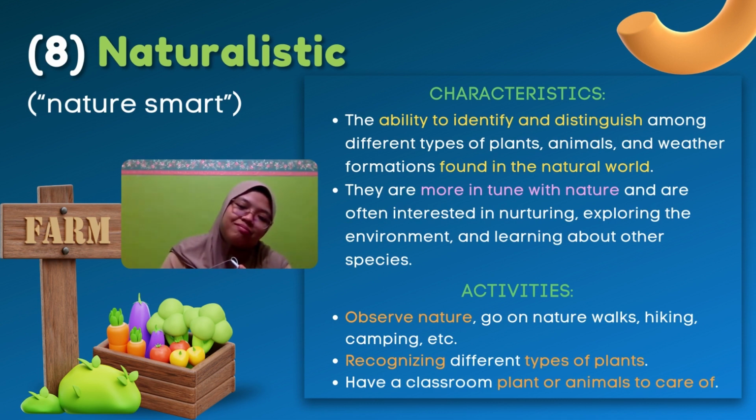I think animal pets in the classroom are maybe not suitable in Malaysia, but plants are okay. I think naturalistic intelligence is commonly used in science subjects, because it is more related to nature, right?